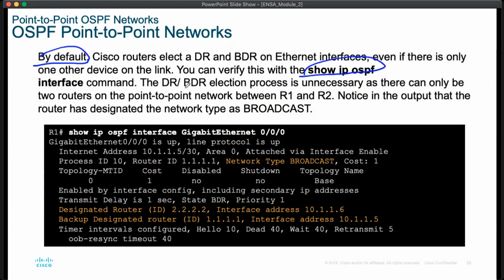The DR and BDR election process is unnecessary as there can only be two routers on the point-to-point network between R1 and R2. Notice in the output that the router has designated the network type as broadcast. This is also the designated DR, and also the BDR.